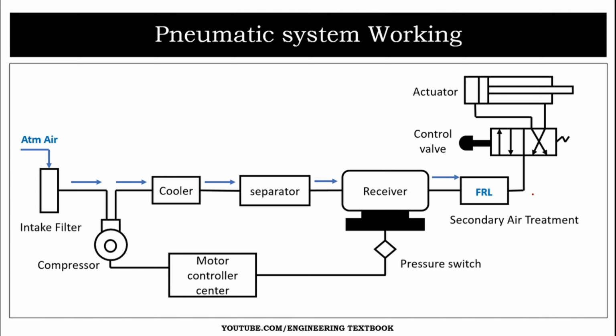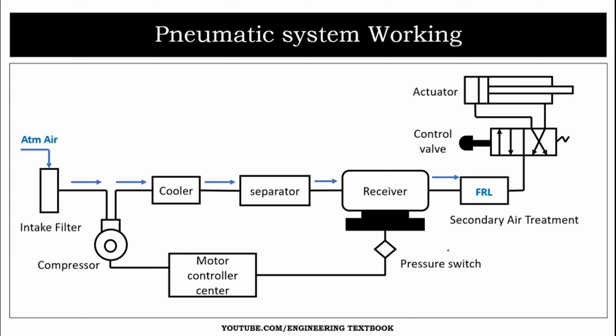In a pneumatic system, the air treatment process is very important because the components used in a pneumatic system are delicate. If this unit is not used, then the air might be wet and warm because it is passed through the cooler and transmitted directly to the receiver tank.